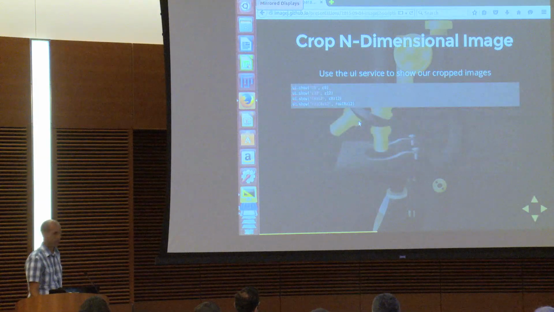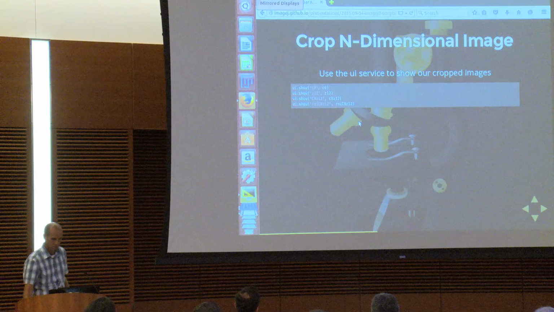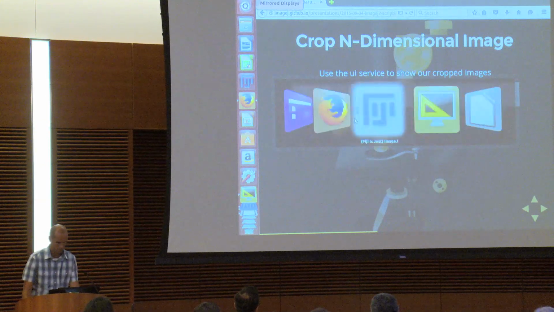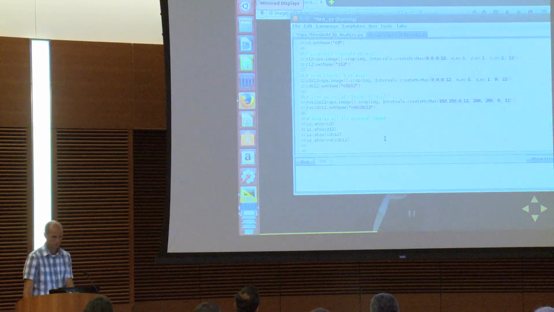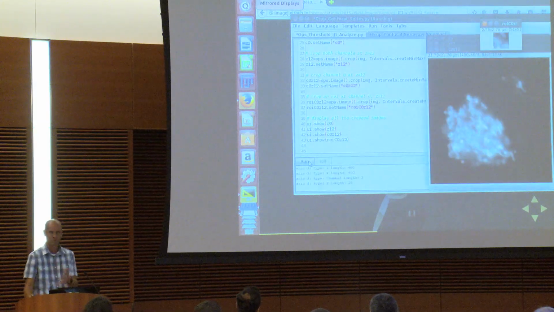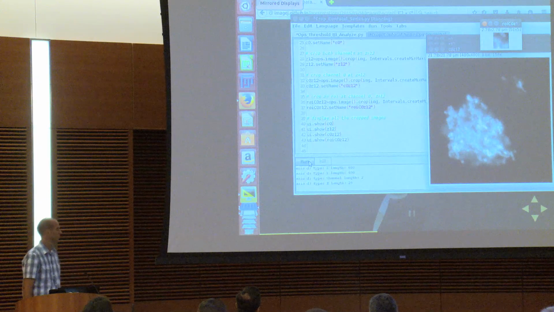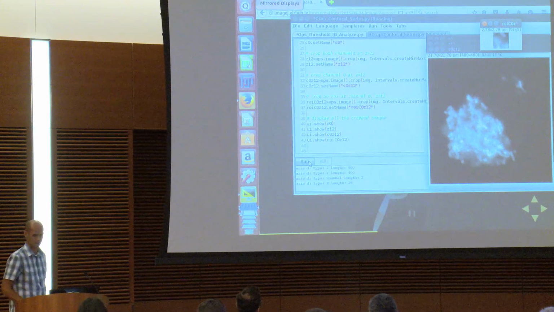And then the final step is we just use our UI service to actually show the cropped images that we created. So if we run this, we should see a bunch of new cropped images appear.